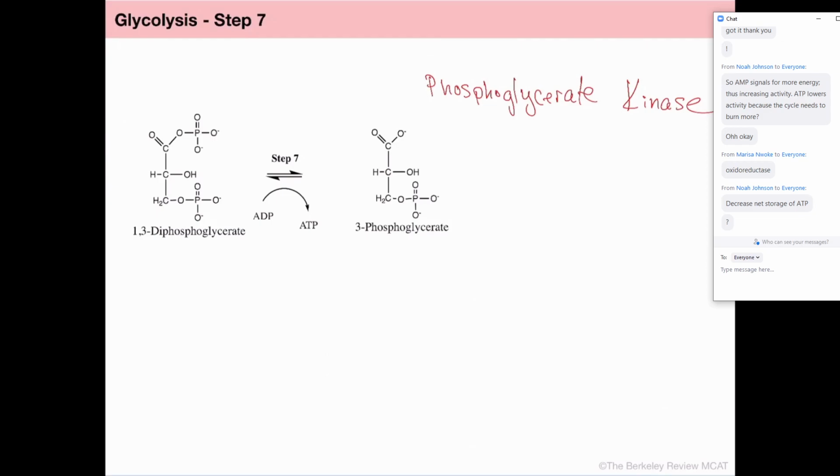So we've just broken even. Remember, we invested 2 ATPs in the first half of glycolysis, and remember, we have 2x of these, so this reaction actually happens twice. So we get our 2 ATPs back. So now we haven't lost any ATP.